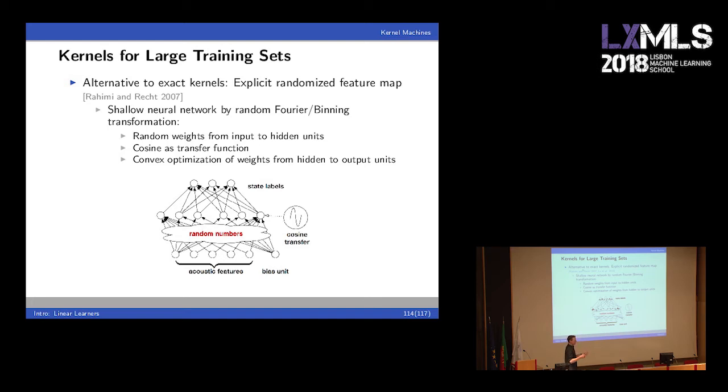So let's make the expressivity by inducing randomization in the feature map. For example, you could have a Fourier transformation representation of your signal according to a spectrum, or maybe a better idea is binning.